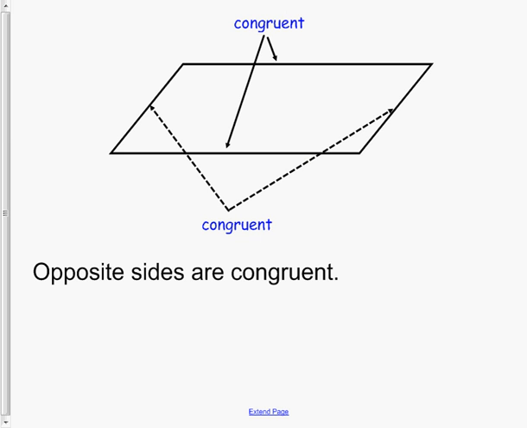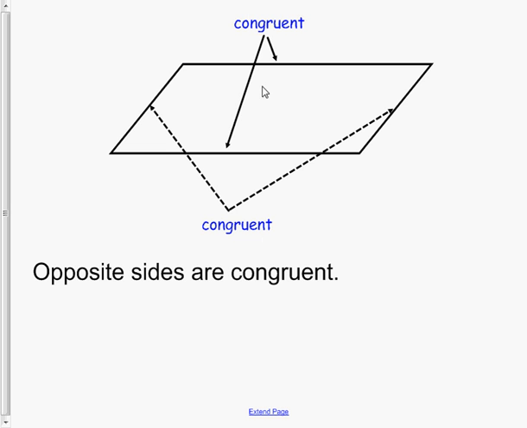All right. And then the opposite sides are congruent. We talked about angles, now we're talking about sides. These two sides are congruent, and these two sides are congruent.